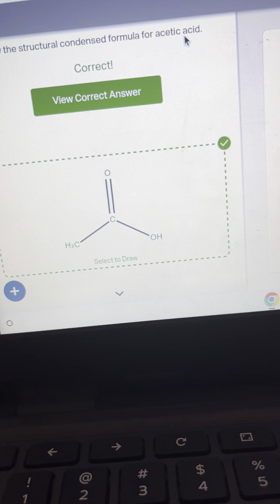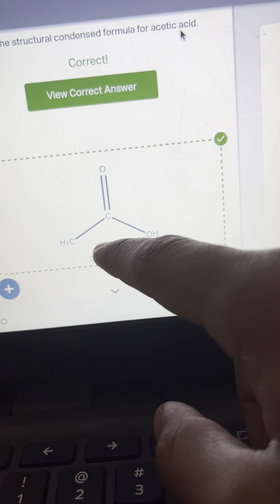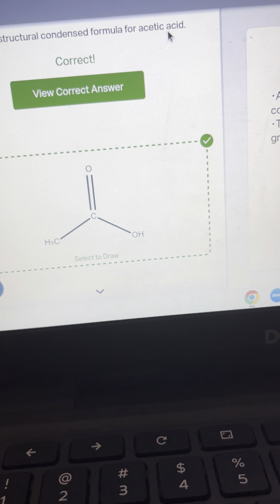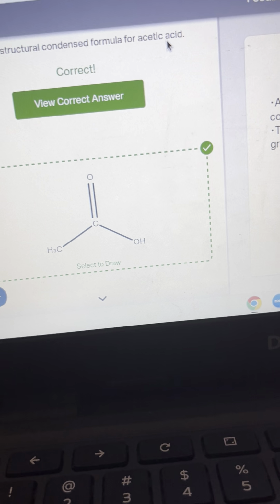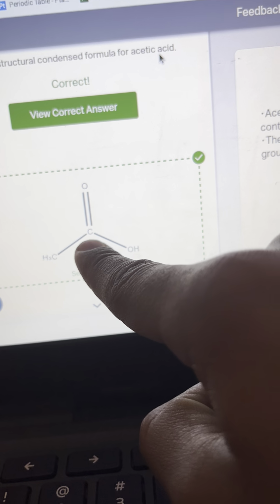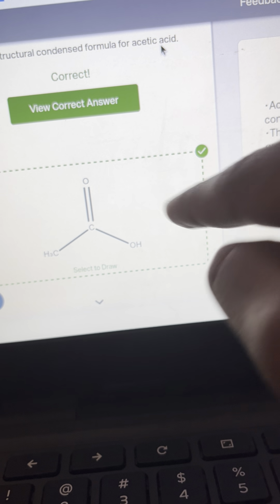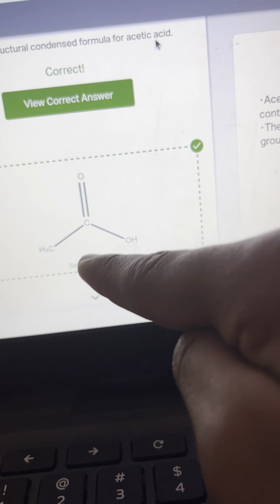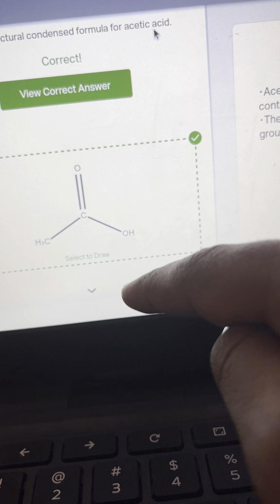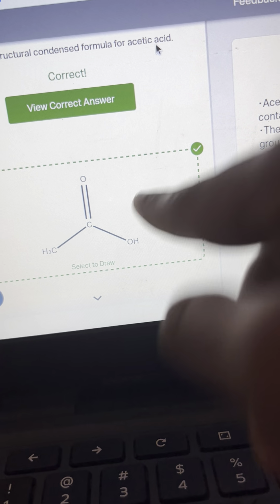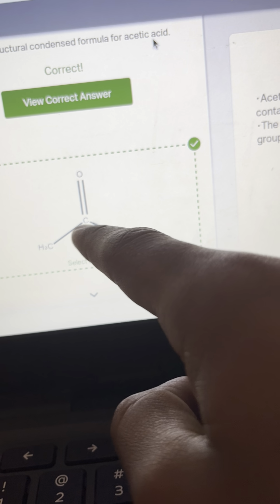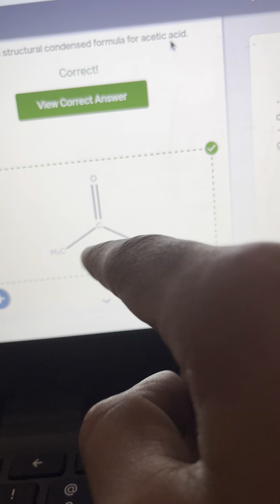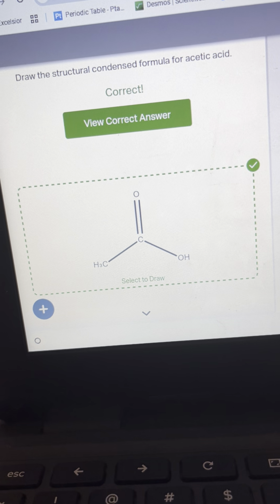And remember, carboxylic acid is a doubly bonded oxygen and then bonded to an oxygen and hydrogen, like that. And remember, the carbon that's bonded to the oxygen and the oxygen and the hydrogen is always the number 1 carbon in the carbon chain. So if this is the first carbon, we have to drag another carbon over here to account for the second carbon in this chain. This is how you draw something like that.